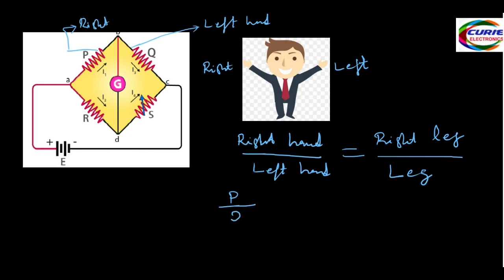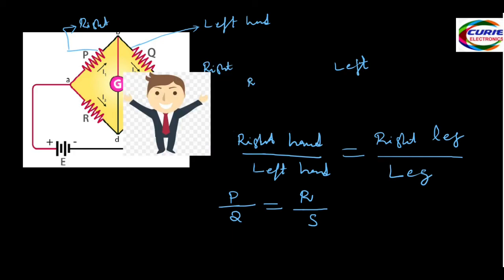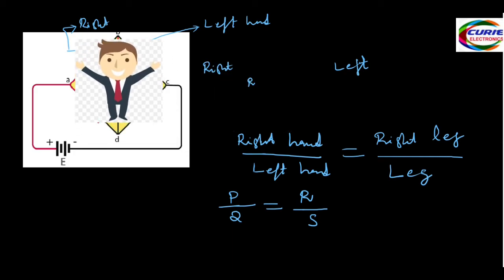Q is there. Equals, what is there in the right leg? R. What is there in the left leg? It is S. So just keep this guy on top of this, like this. Then you will get the solution equation easily. So we do not need to remember. That's how you have to picturize.